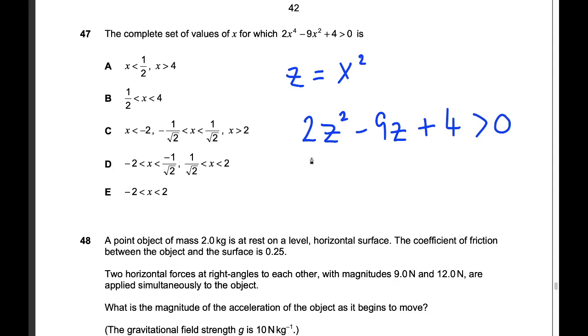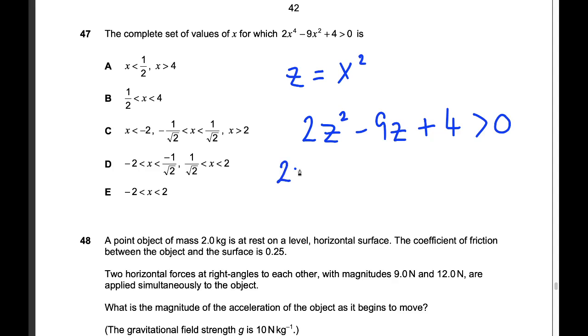So I'm looking for solutions to this equation. Again, I'm going to solve another quadratic. So I need to solve this for z to find out where this is sort of greater than 0. So I'm multiplying to give 8, and I'm adding to give minus 9. So the two numbers are going to be minus 8 and minus 1.